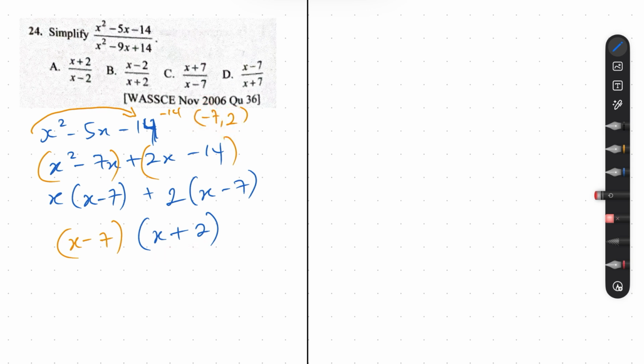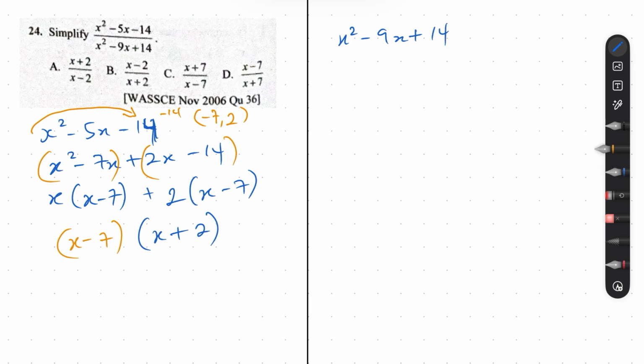Cool. So let's see if we can do that very fast for the denominator. We have x squared minus 9x plus 14.